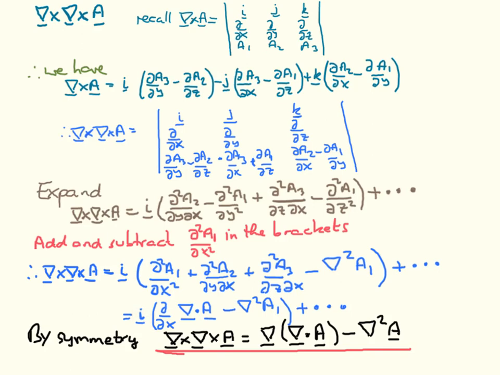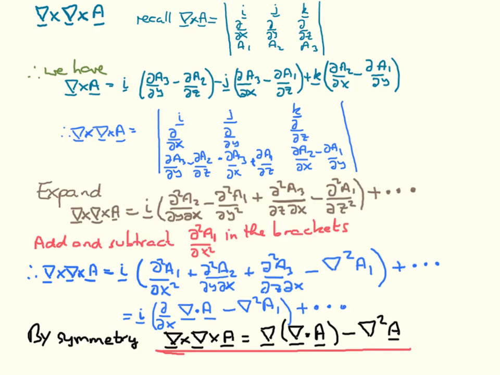So in the i direction we have the derivative with respect to x of the divergence of A minus the Laplacian acting on the component of A in this direction. So we can see that we would expect to have in the j direction the derivative with respect to y of the divergence of A minus the Laplacian of A2.